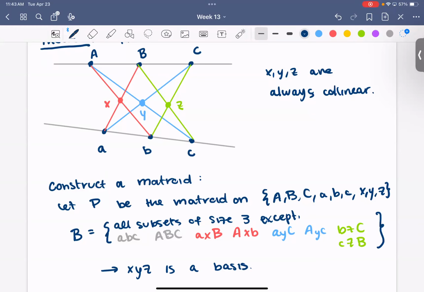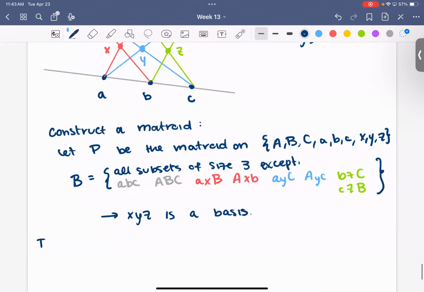So one thing to check is that this is a matroid, which I don't have that satisfying an answer for you. The easiest way to check if something is a matroid is to have your computer check if it satisfies basis exchange.